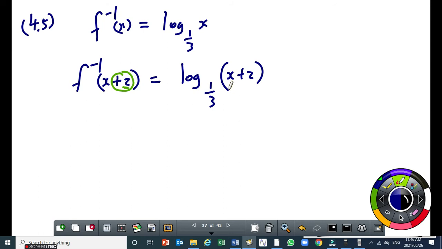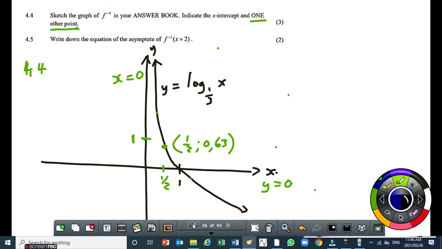So what this means is that the y-axis is no longer the asymptote. The asymptote moved 2 units to the left. So I'm sure we sketched it here. If we are moving this graph by 2 units to the left, it means the asymptote also moved 2 units to the what?